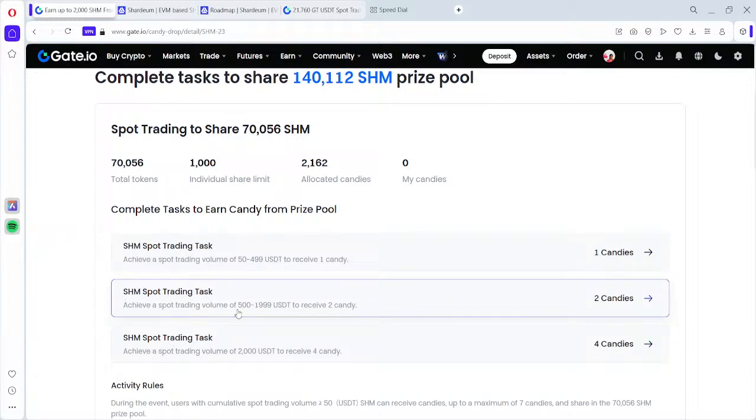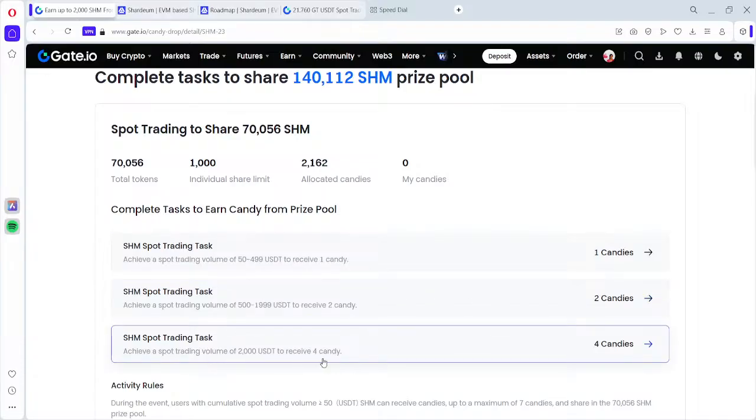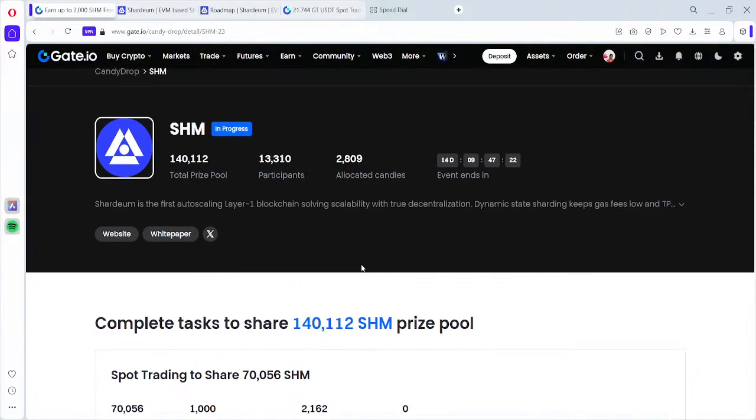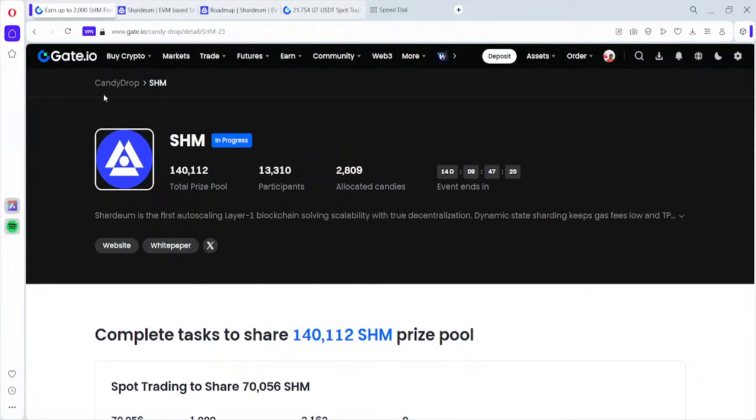And if you trade $500 to $2,000 worth of SHM, that is worth of USDT, you will get two candies. And the third is, of course, four candies as a reward for more than $2,000 in a spot trade. I'm talking about the spot trade, not the futures. So if you've done this, you'll get the free candies that you can collect as your rewards. So that is a candy drop.